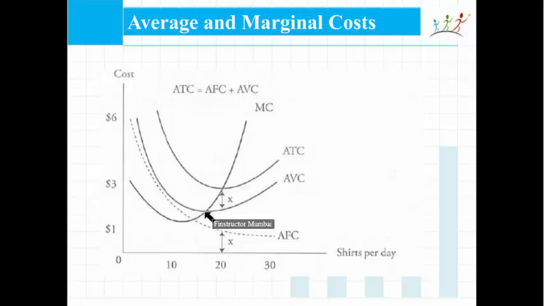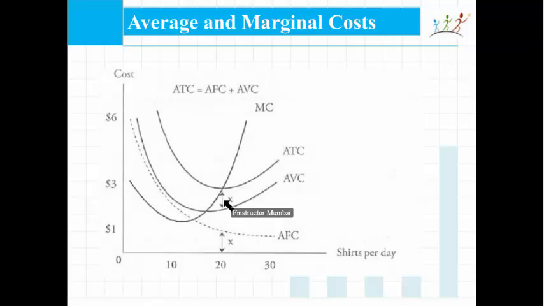So the marginal cost curve will cut the average variable cost curve at the average variable cost's lowest point. Similarly, the marginal cost curve will cut the average total cost curve at its lowest point.